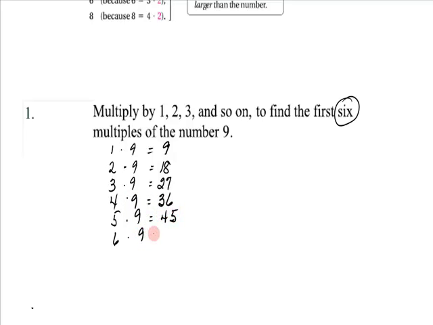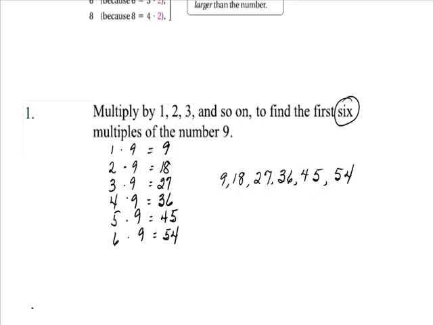And 6 times 9 is 54. So the first 6 multiples of 9 are 9, 18, 27, 36, 45, and 54.